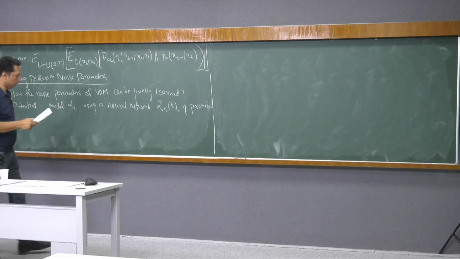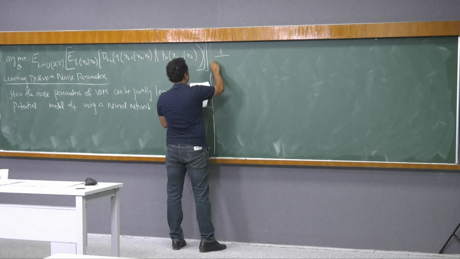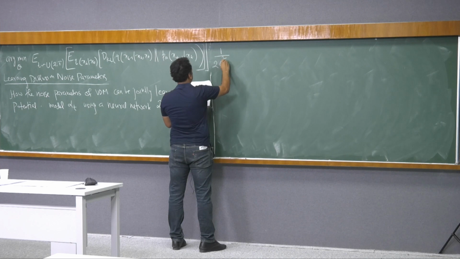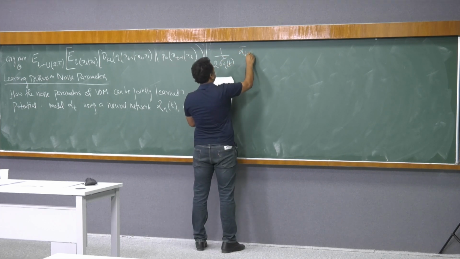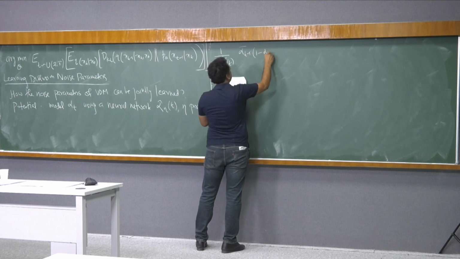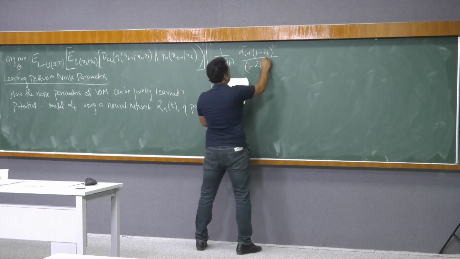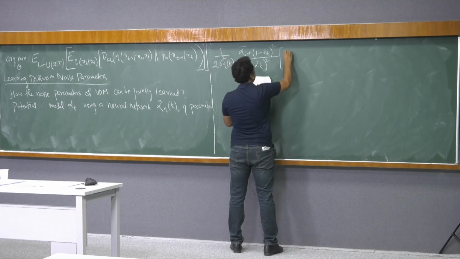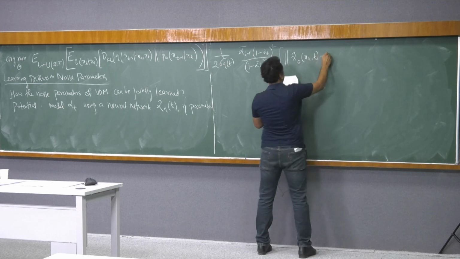So let us continue with where we had in the derivations. This sigma square t, if you recall, is alpha bar t minus 1 minus alpha t squared divided by alpha bar t squared, and this is x hat theta of xt, t minus x naught.